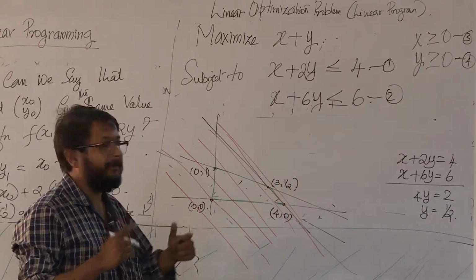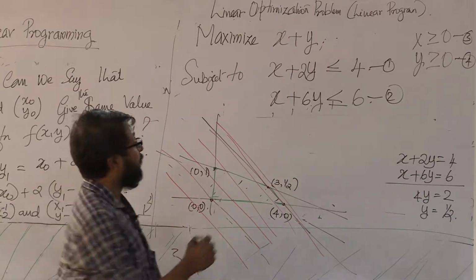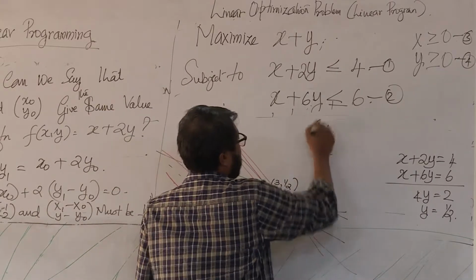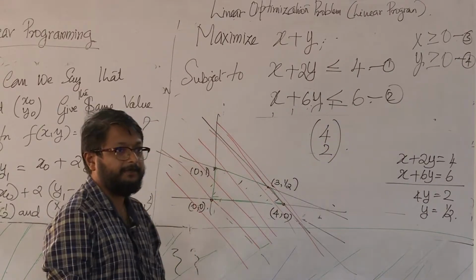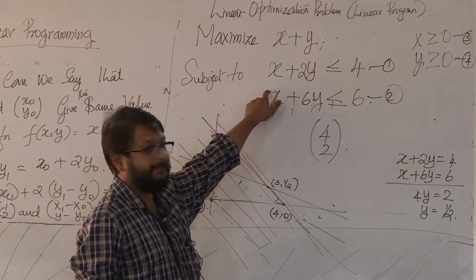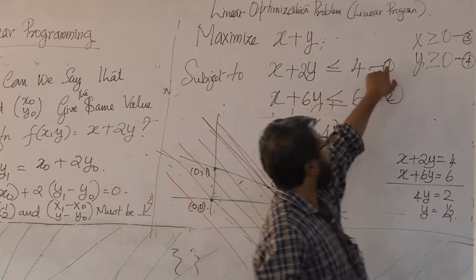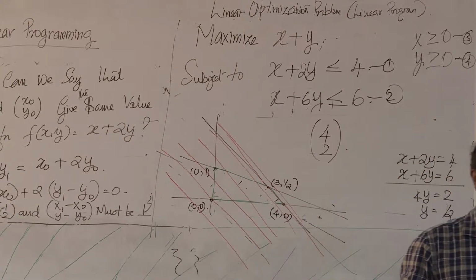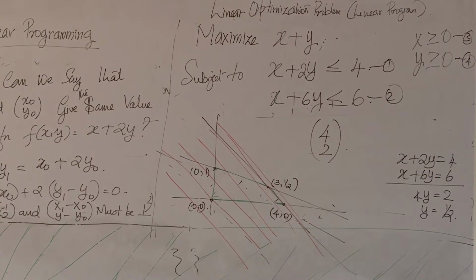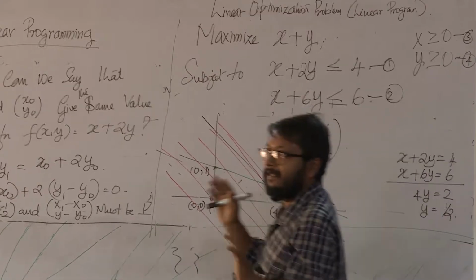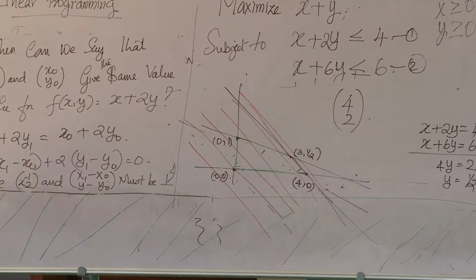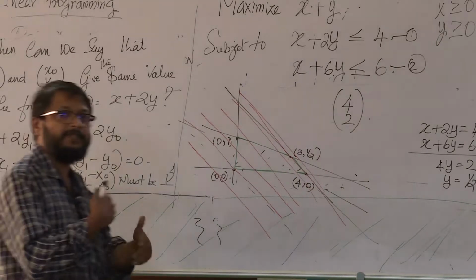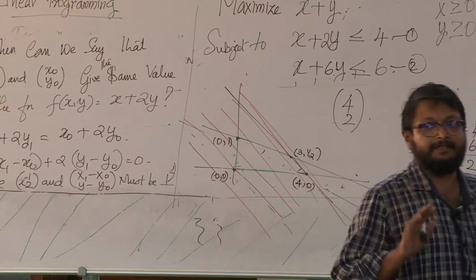So how many corner points will I get? 4 choose 2. See, any 2 of these 4 equations will define a point. For example, x plus 2y less than or equal to 4 and x equal to 0 will define a point. 2 linearly independent equations. Assume that all these constraints are linearly independent, otherwise there is something called degeneracy. One of the constraints will be redundant, in the sense if one constraint is expressed in terms of the others, we can remove that constraint.